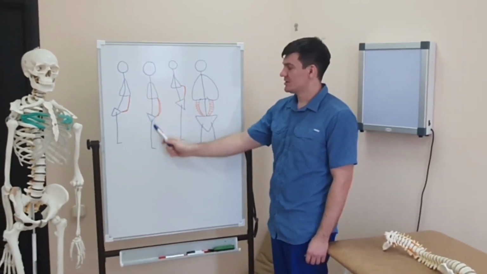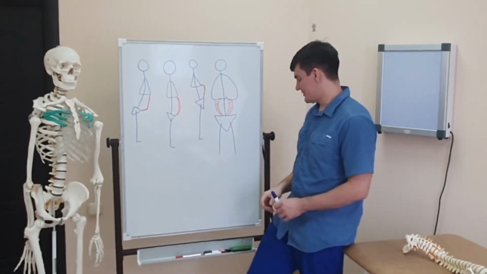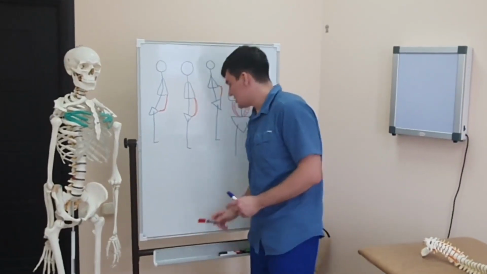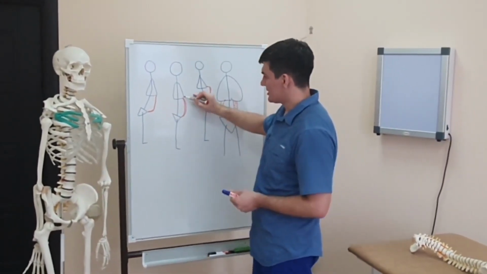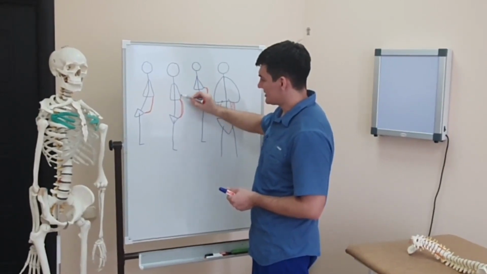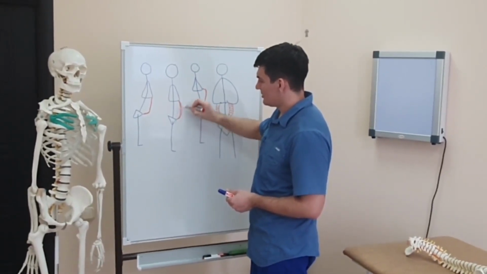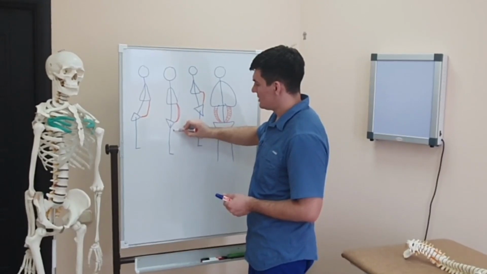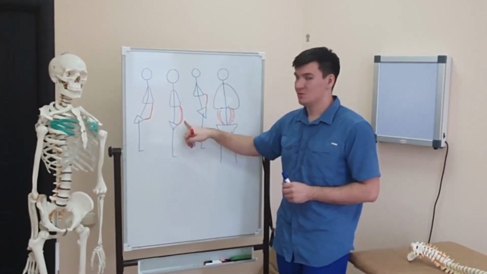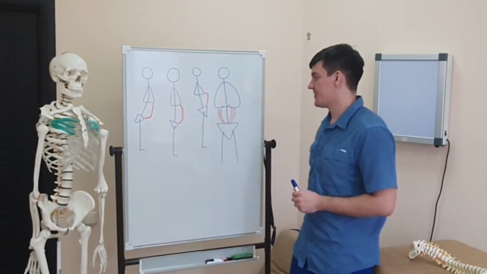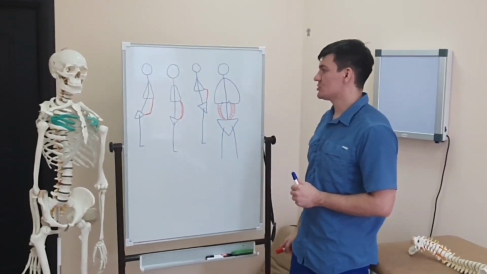That is, if we draw a line connecting the edge of the rib cage and the edge of the pelvis, the abdominal muscles tend to protrude beyond this line. And this can happen in several ways.